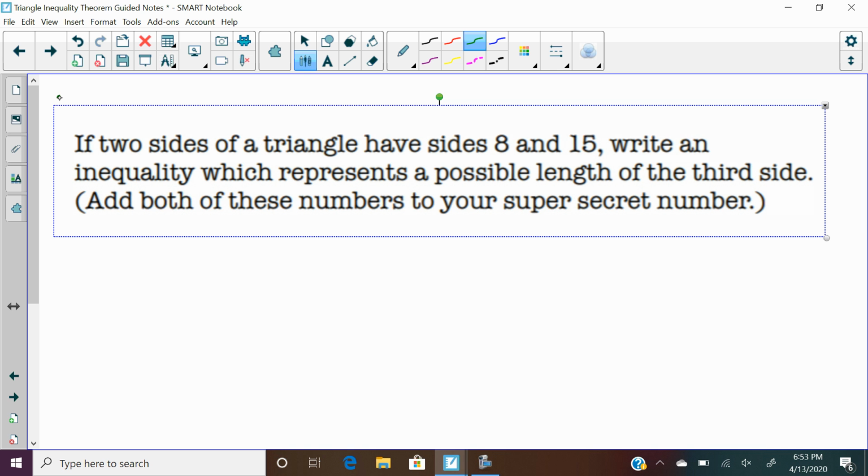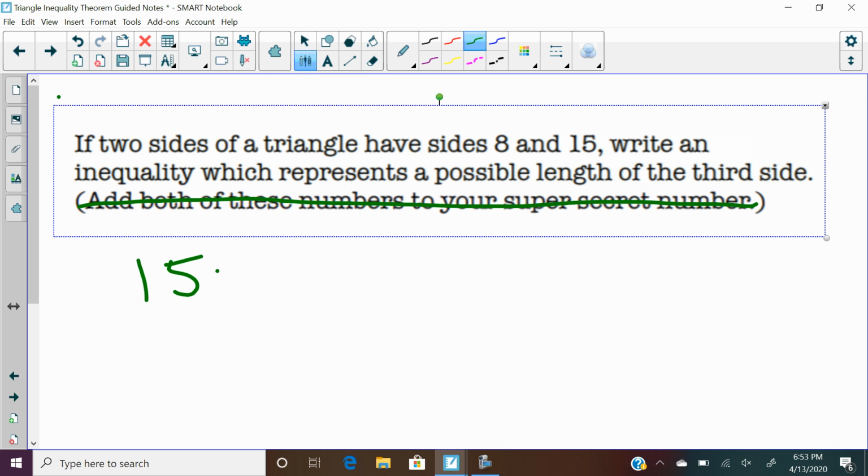It says, if two sides of a triangle have lengths 8 and 15, write an inequality which represents a possible length of the third side. So to do this, we're trying to figure out what two numbers the third side has to be between in order for it to make a triangle. To find the lowest number, we subtract.